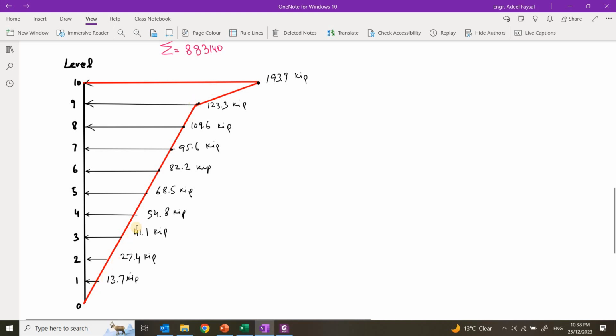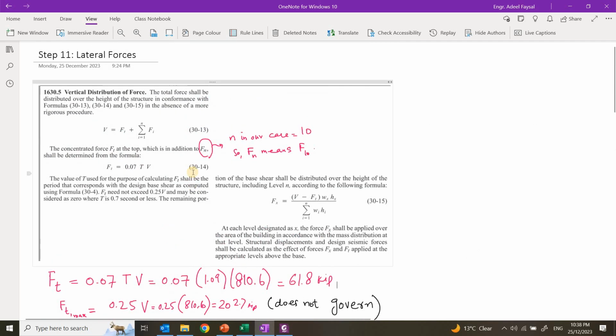See, it is a linear distribution with respect to the height up to level number 9, but then for the last level, it is not linear. It doesn't go linear because there is an additional FT that is added. So this is how the distribution is done. So this is it for this example.